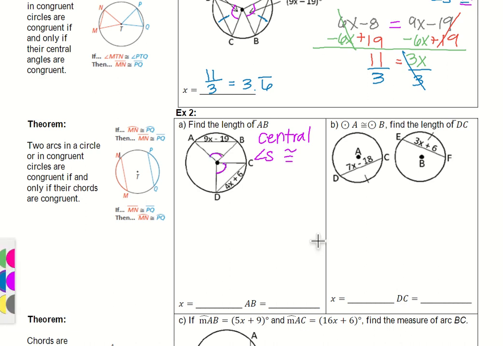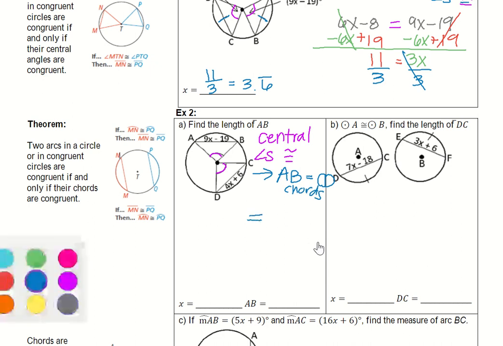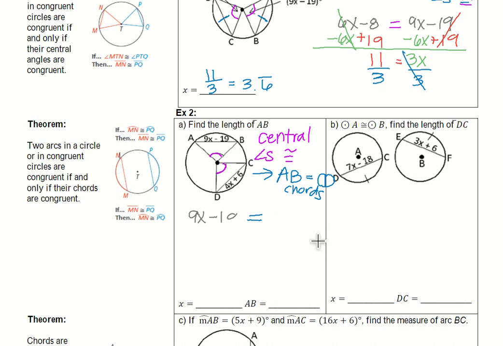And so I can do this backwards. So now that means that AB is equal to CD, that my chords are also equal. Okay, so I'm able to set 9x minus 19 equal to 4x plus 6.